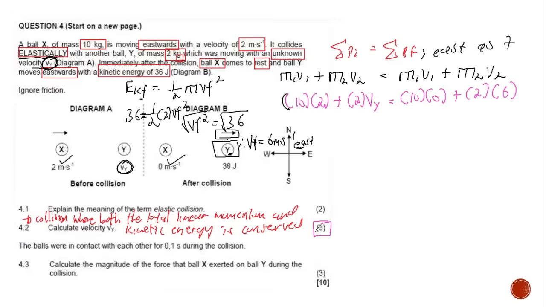Now, you need to understand one thing in physical sciences. With a 5-mark question, it means that before you calculate what you are asked for, there is a certain variable that you need to first calculate. So calculate one missing variable so that you can then calculate the one that you are looking for. So 10 multiplied by 2, that's 20, then plus 2 Vy, and here this is a 0, obviously.